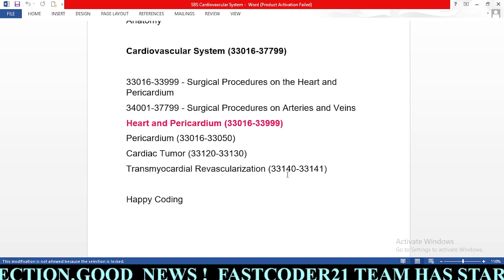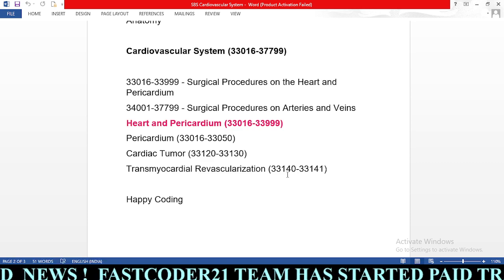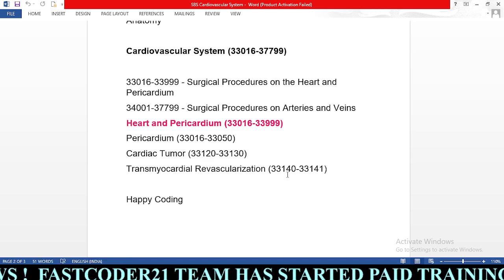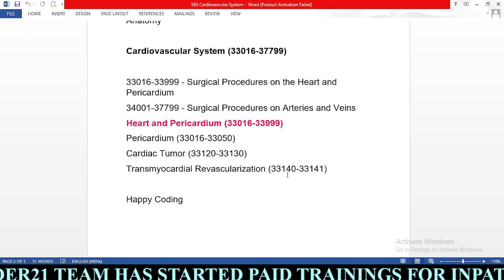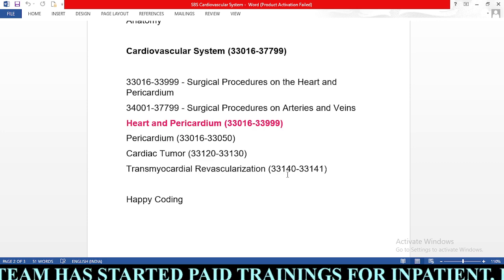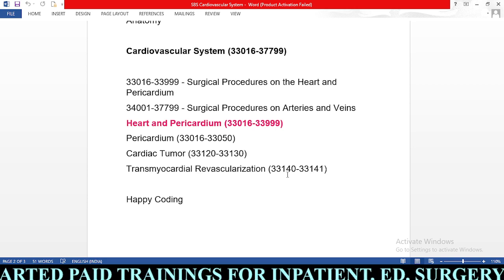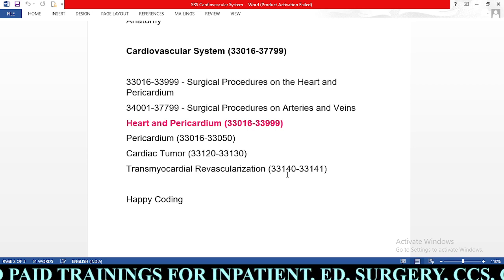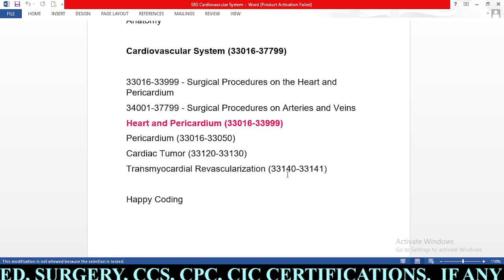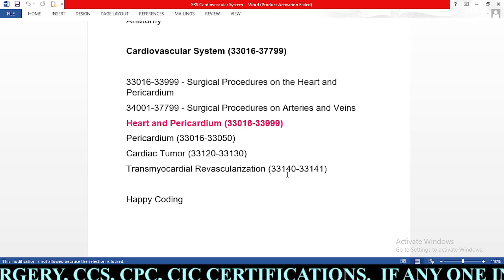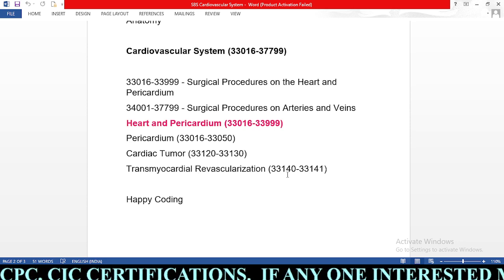Transmyocardial revascularization, also called TMR or TMLR, is a surgical procedure that uses a special carbon dioxide laser to shoot tiny pinholes or channels through the heart muscle and into the heart's lower left chamber, usually called the left ventricle. This type of procedure is required for people who have coronary artery disease. So what is the main purpose here? By creating holes, the flow of oxygen rich blood to the heart muscle will be increased.